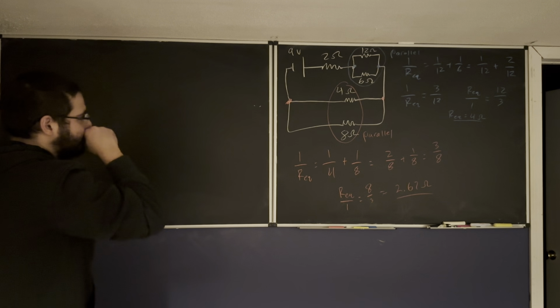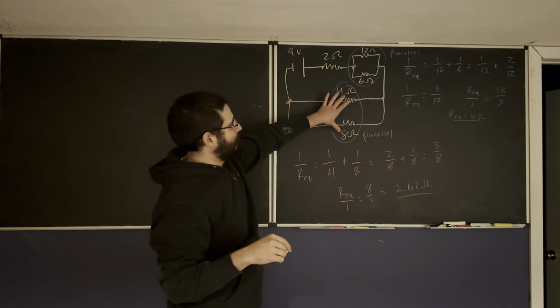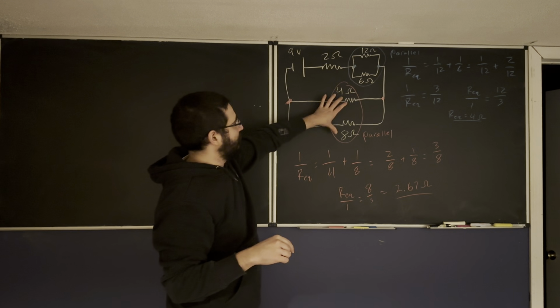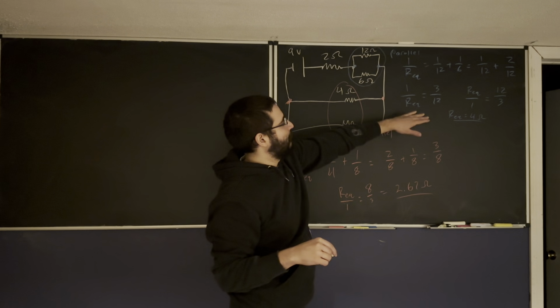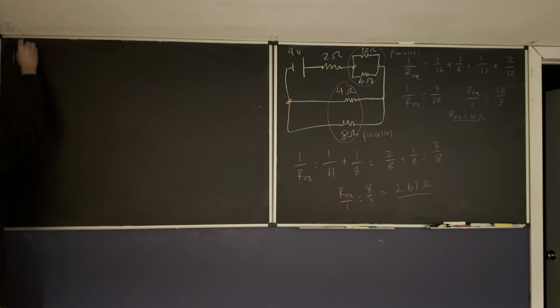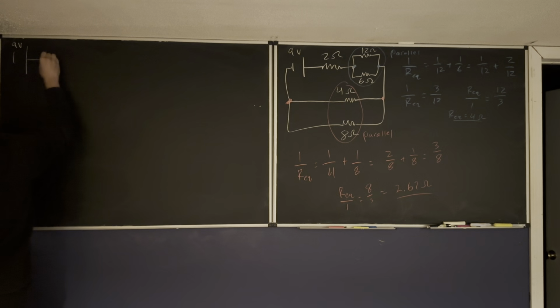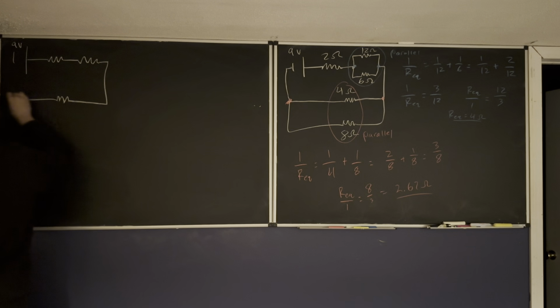Okay, so now I know that these two are the same as a 2.67 ohm resistor, and these two are the same as a 4 ohm resistor. So if I redraw the circuit, again, I have a 9-volt battery, and then I have the 2 ohm resistor, and then there's another resistor here, and then there's this resistor.